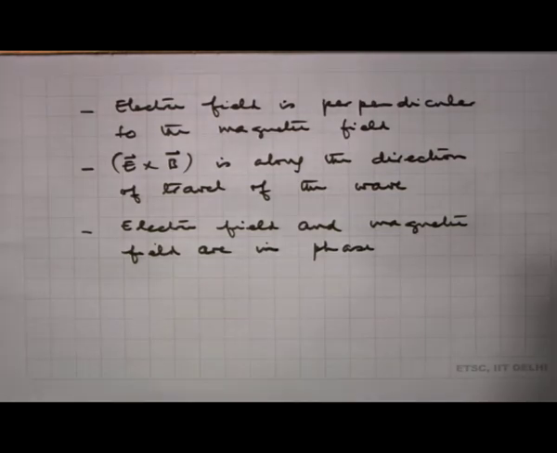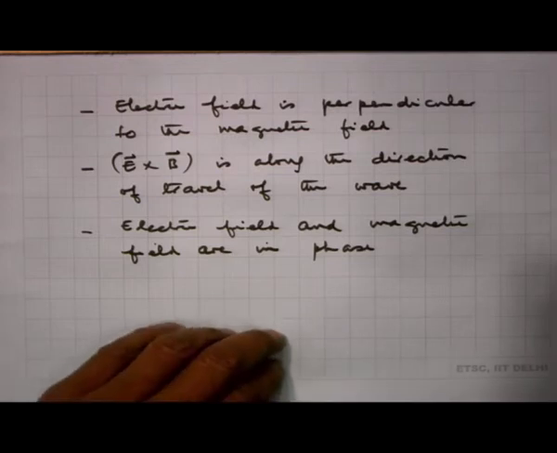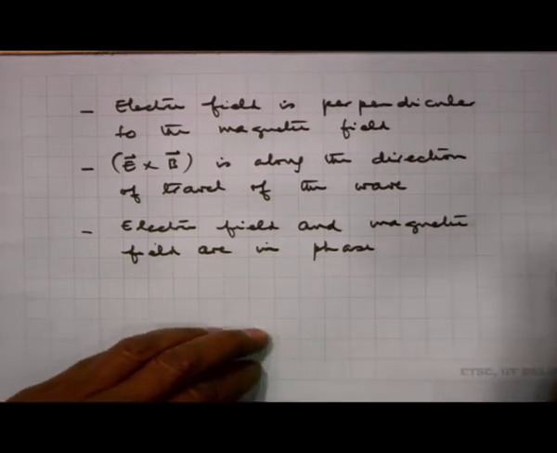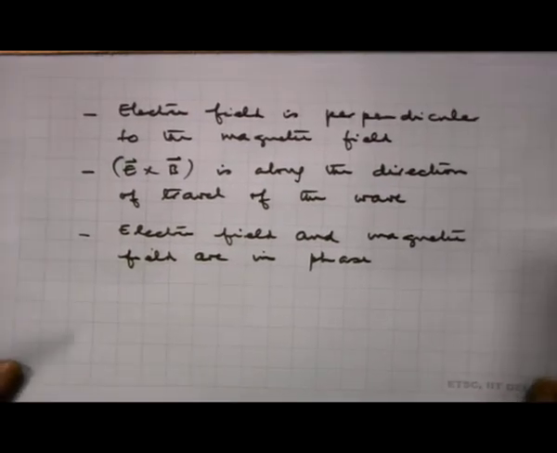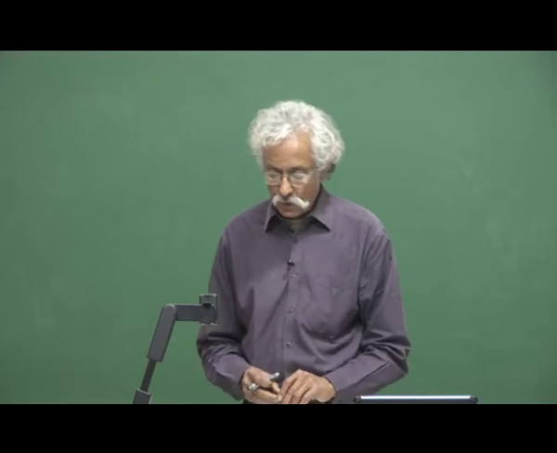The electric field and the magnetic field are always in phase in these propagating waves, just like I showed you in the string. The kinetic energy and the potential energy are in phase in the propagating wave. Here the electric and magnetic fields are in phase. So, let me draw a figure which represents an electromagnetic wave, and then try to describe to you what is the meaning of that.